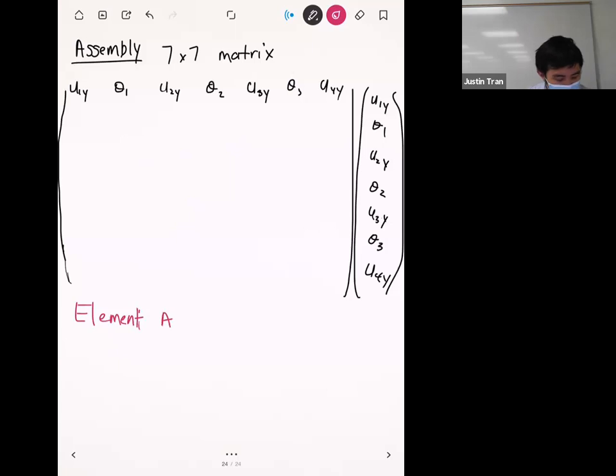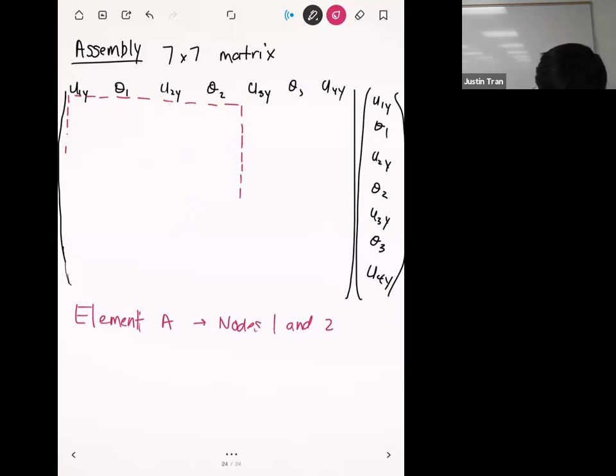Okay. And so the first thing we have is element A, right? So element A is nodes 1 and 2. Okay, so element A, just like it always is, is going to be just like this. Okay.